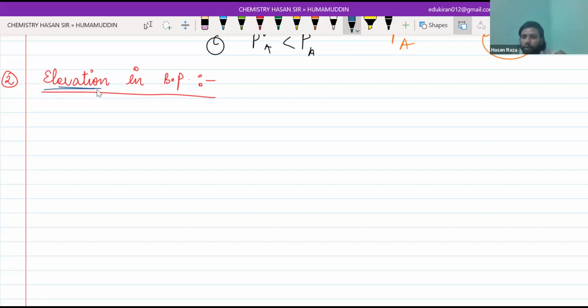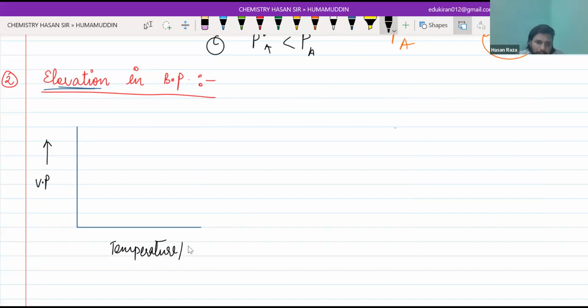That means if you mix a non-volatile solute, the boiling point of the solution will be increased. So let me draw a graph and explain it to you. This is the graph between vapor pressure on the y-axis and temperature on the x-axis.